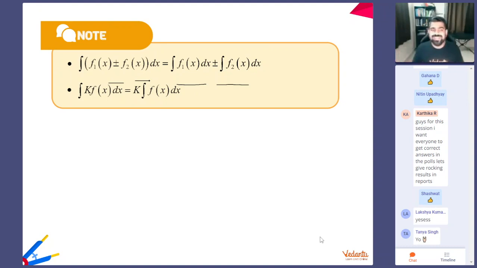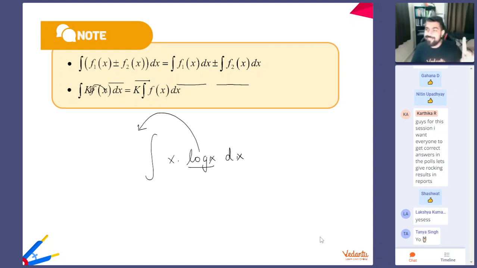Got it? And whenever you have a scalar, that is a constant multiplied to a function, that constant can be taken outside. Guys, this is very important. When you have a constant, you can take it out, not otherwise. Variables, you can't take it out. Don't tell me, sir, if I have x into, let's say, log x dx, can I take log x outside, sir?